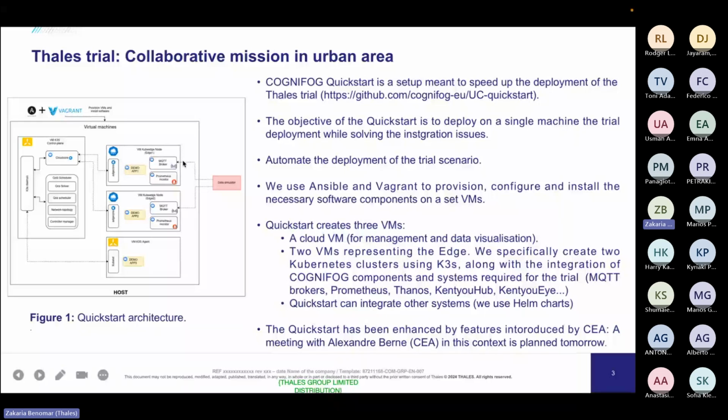For instance, we use an MQTT broker to get the data from the data simulator that we use. It is provided by CA, by the way. So we collect the data using the MQTT broker. Then we have a Prometheus monitor for monitoring.